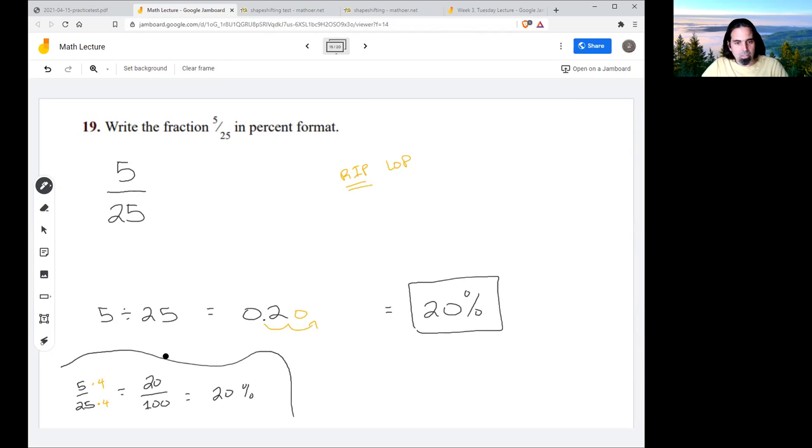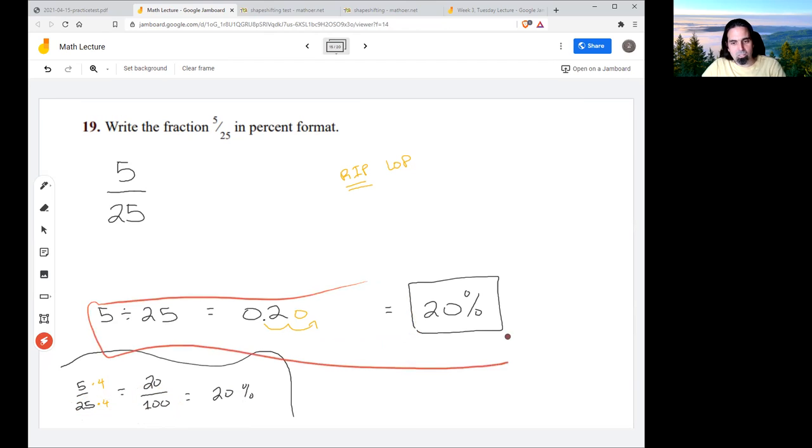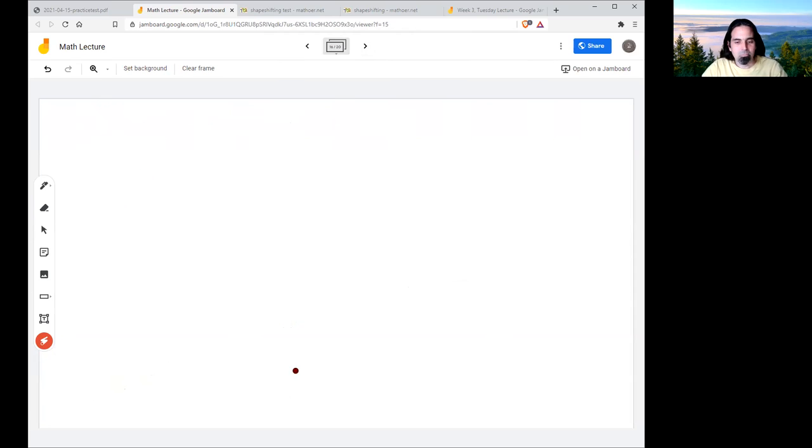But that isn't any faster. And it requires you to stop and notice that this happens to be a denominator that I can make into 100, because only over 100 can I replace with a percent sign. Most denominators I can't make into 100, of course. So this is the nice one. This always works. It is always fast. This one, if you notice that 25 can become 100, you can be clever, good for you. But if you're doing group work with someone, probably don't distract them with that. But I recognize you, you're okay.